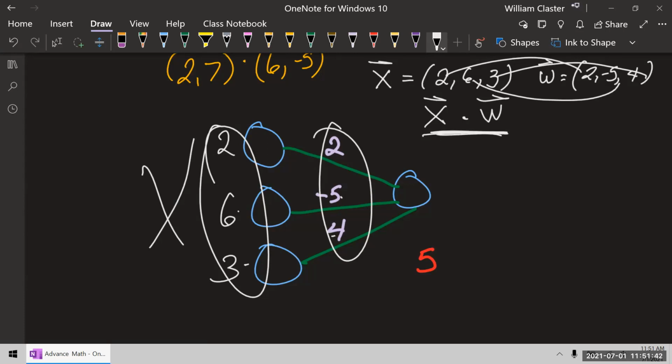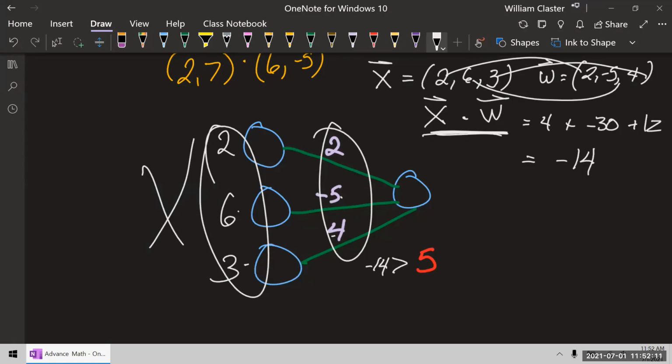And what do we get, by the way? We get 2 times 2 is 4, plus 6 times -5 is -30, and 3 times 4 is 12. So what is that? That's -14, right? So we get -14, and then this is the threshold, so we have to say, is that greater than 5?